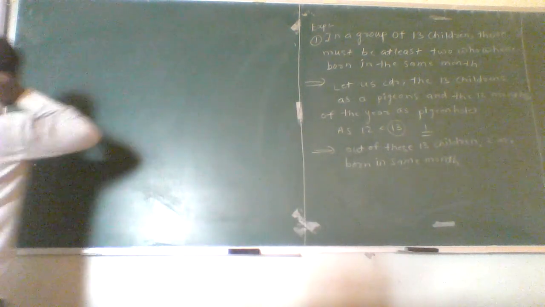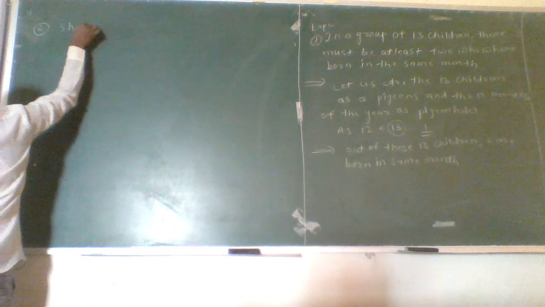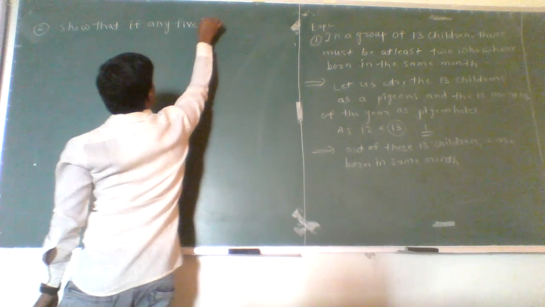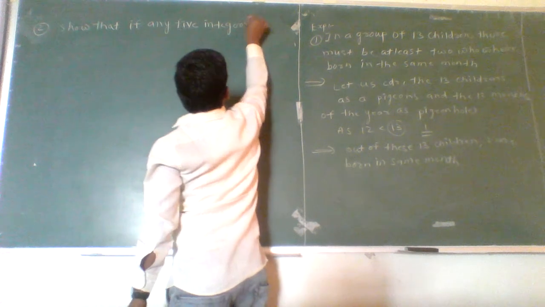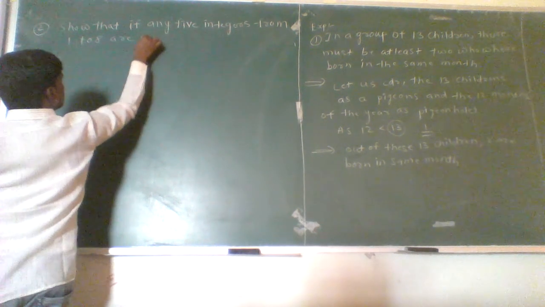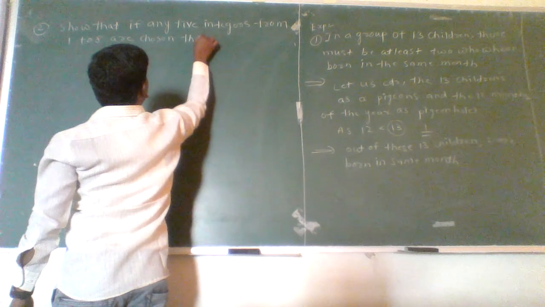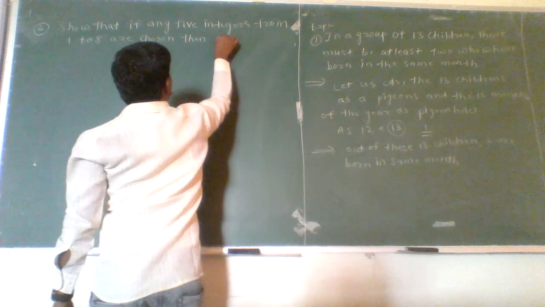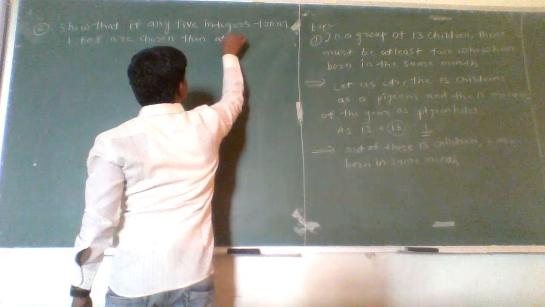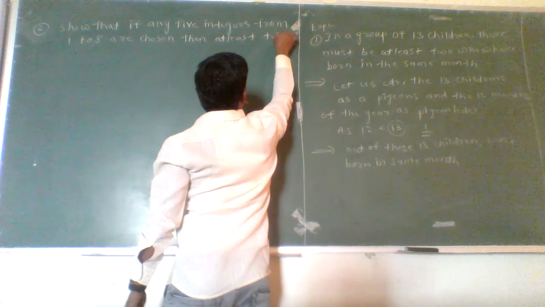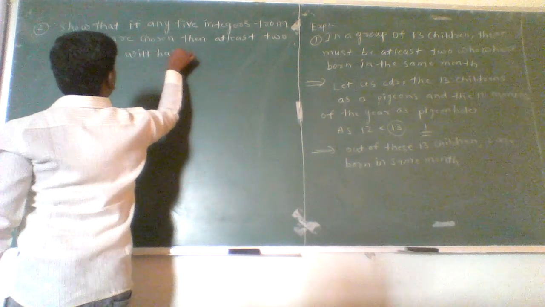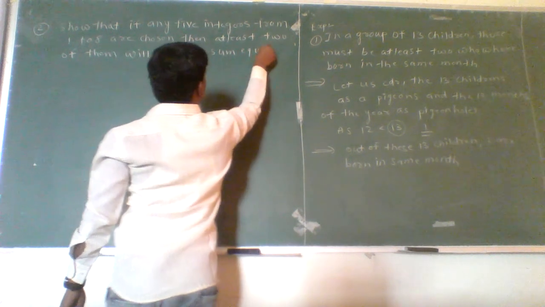Okay, now the next example is: show that if any 5 integers from 1 to 8 are chosen, then at least two of them will have a sum equal to 9.